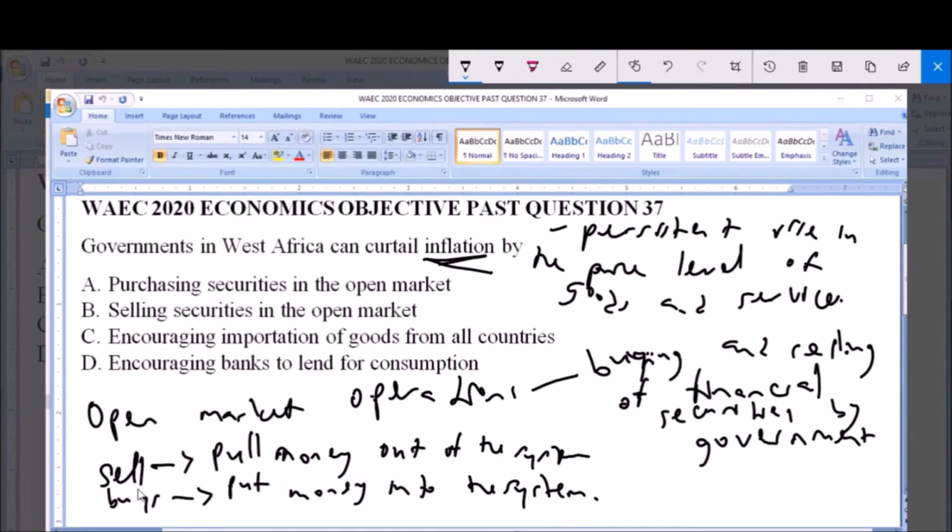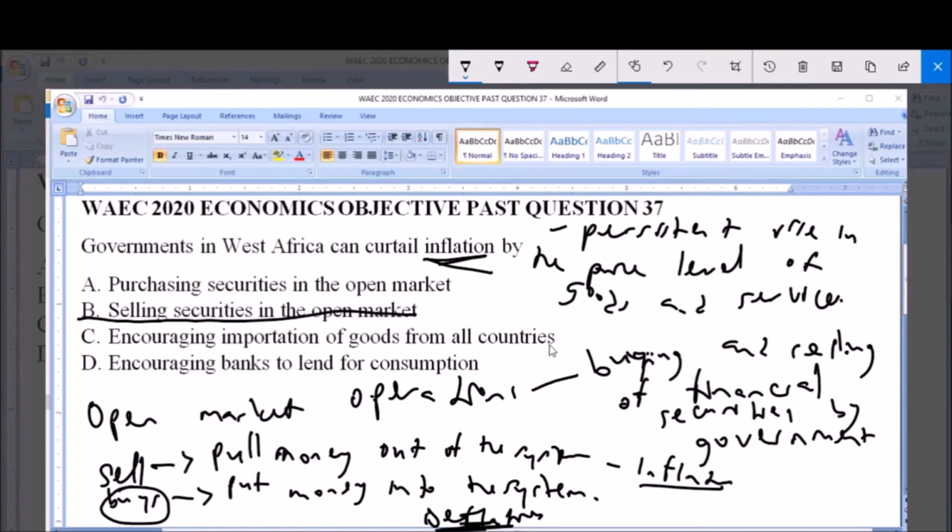So buying occurs when there is deflation and the government wants to tackle it, but selling occurs when there is inflation, and like we said, the government wants to decrease the money available for consumers to spend, so they want to pull money out of the system. So they sell securities in order to curtail inflation. So option B, selling securities in the open market, is the correct answer to this question.